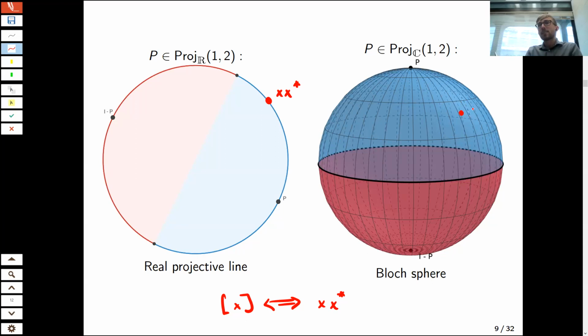So if I have some xx*, or a complex vector x in C^2, it would live on the surface of the Bloch sphere somewhere. Again, P and I minus P are antipodal points on the Bloch sphere, and our questions are asking which one xx* is closest to. So in this case, we're slicing it into hemispheres, and then we want to take different orientations of this to help narrow down a consistent region.